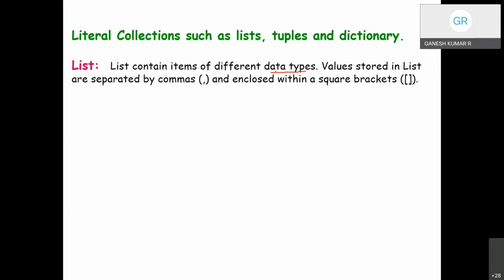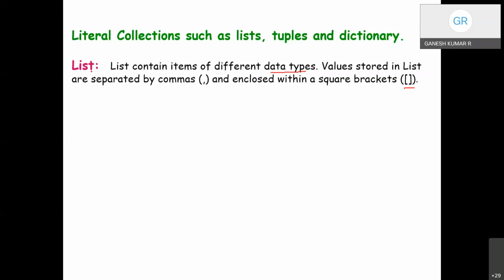Values stored in the list are separated by commas. Each data item is differentiated by using the comma symbol. The elements of the list are enclosed within a pair of square brackets. Kindly note, we will be using different symbols to represent a group.